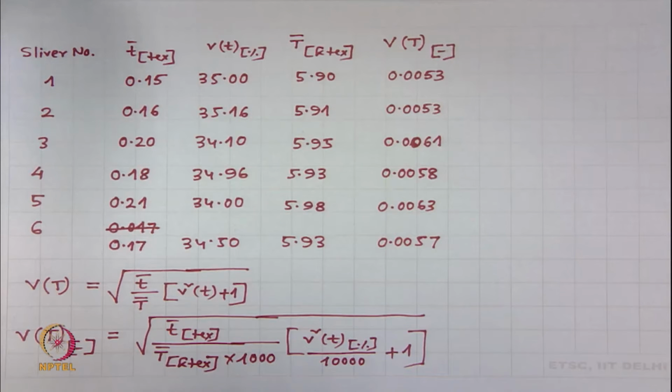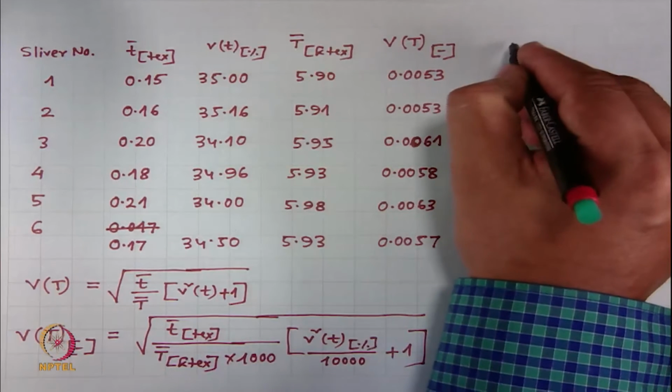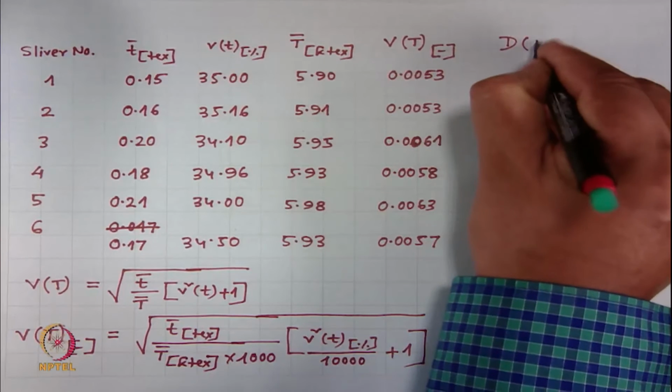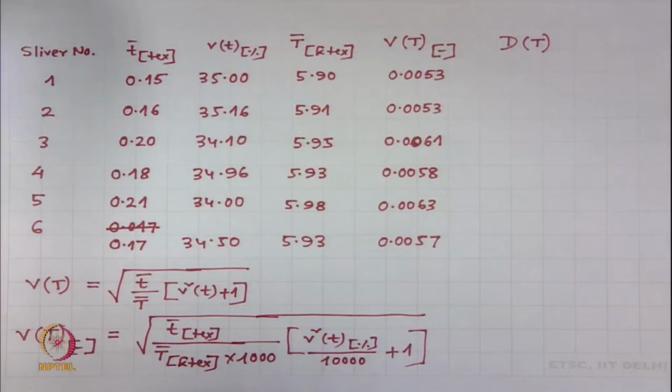So, this is the individual value you will get. Then you have to find out the variance. So, from this table you will find out the variance.